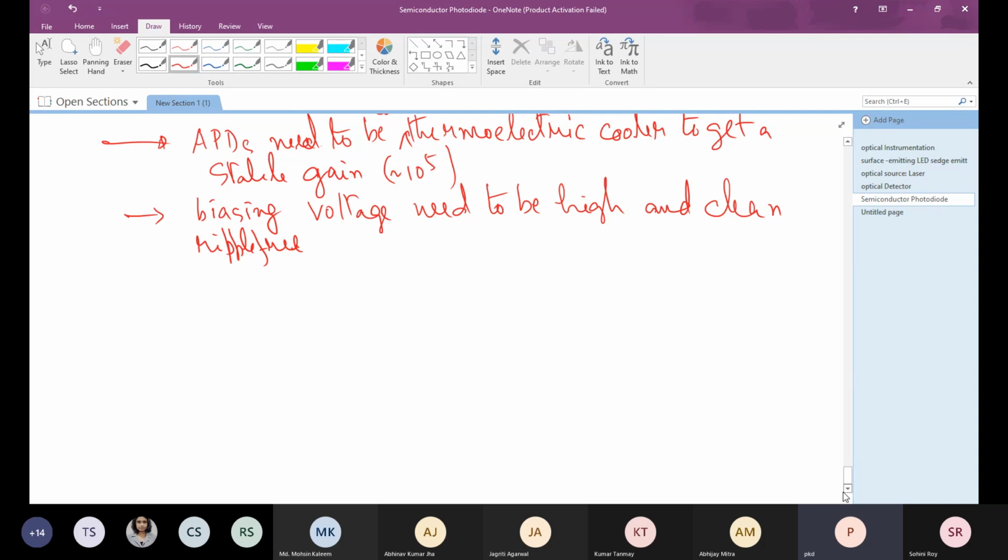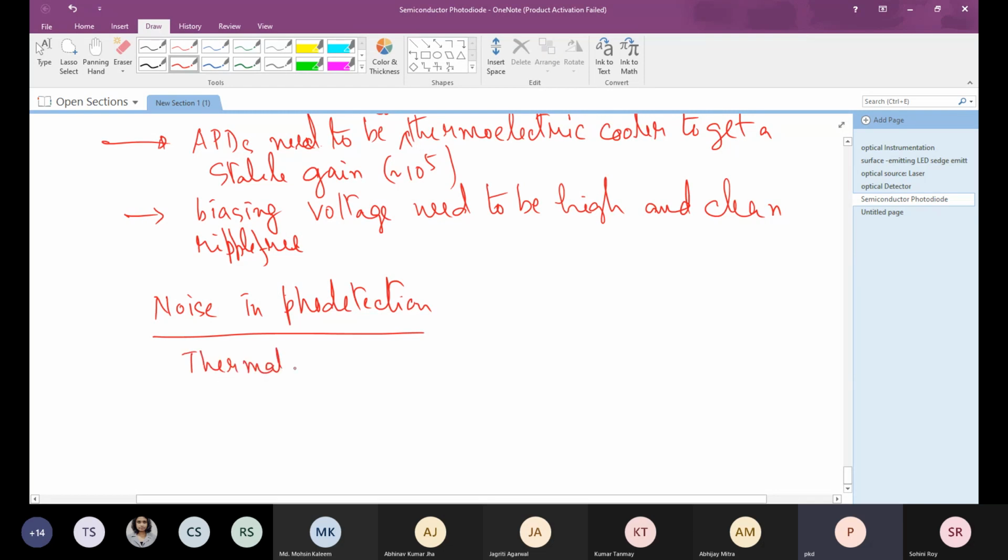From operational aspects, of course, there is, in general, noise in photo detection. There are several other kinds of noise like dark current noise, shot noise, etc. But first and foremost is the thermal noise.